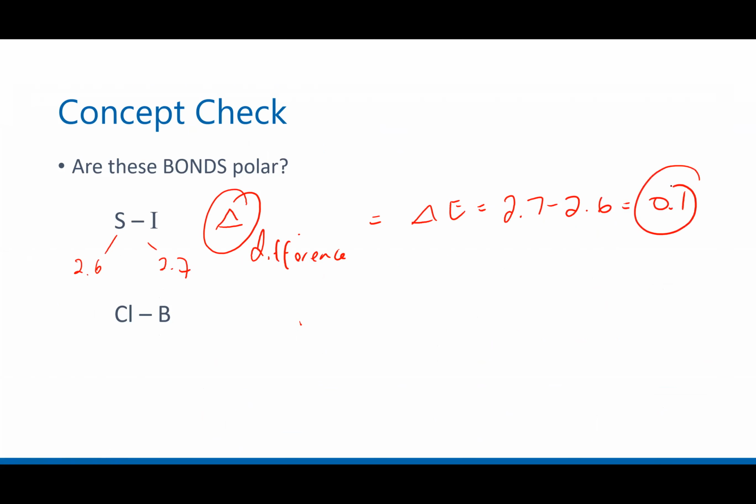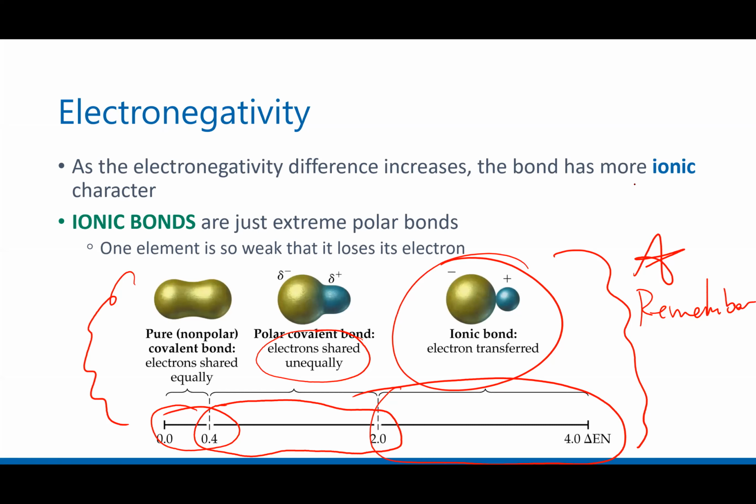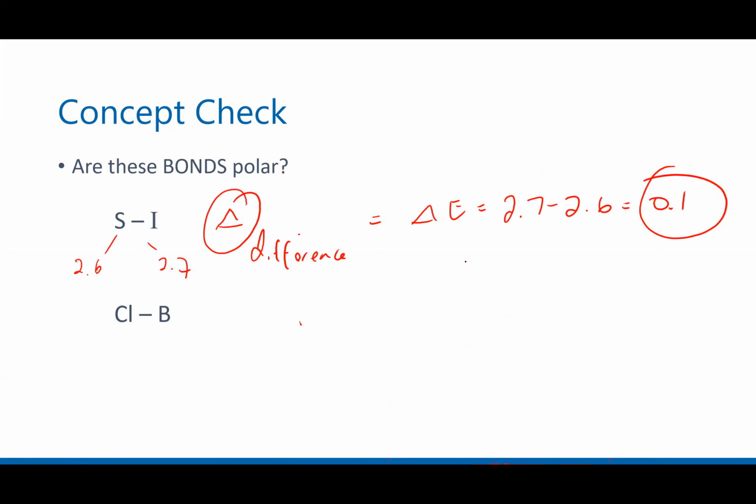It's 0.1. Very, very small. So if I go back here to this slide, that means this compound, between 0 and 0.4, would be a pure covalent bond.